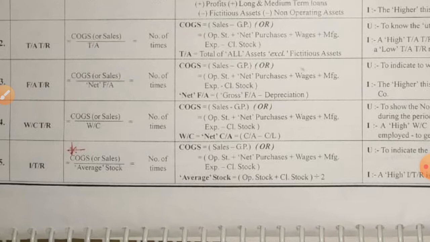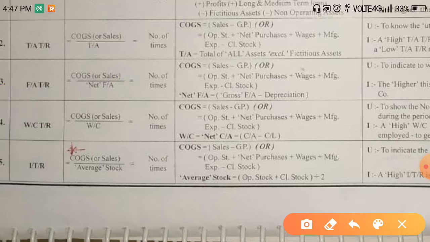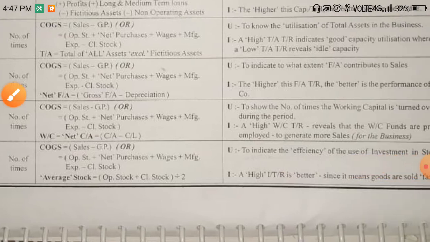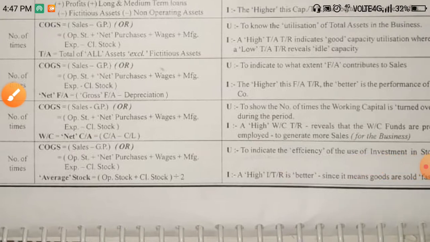In the same way, if cost of goods sold is not available, then only we go for sales. If depreciation is not there, then we use gross fixed assets. It indicates how and to what extent fixed assets contribute to sales.